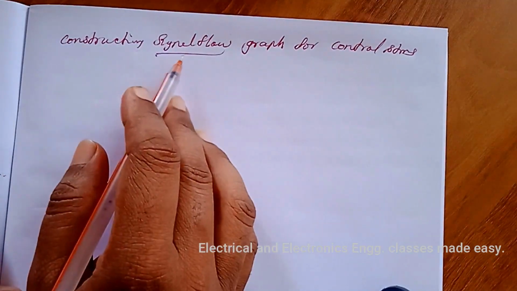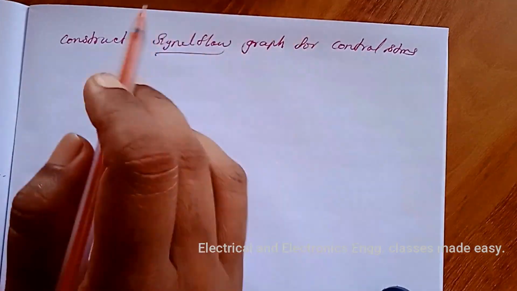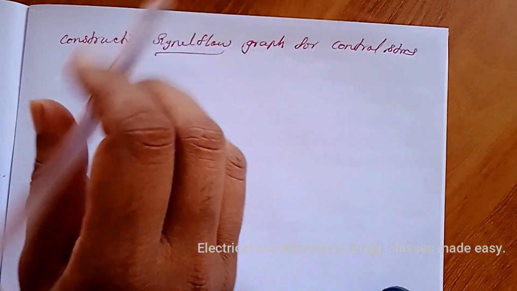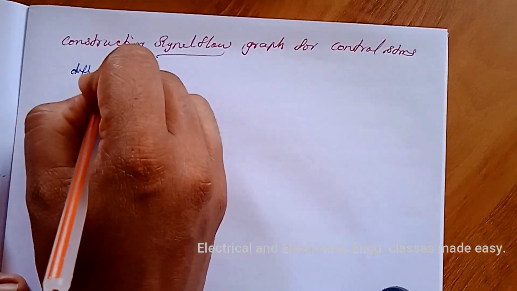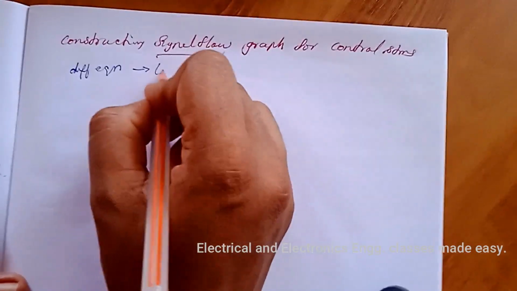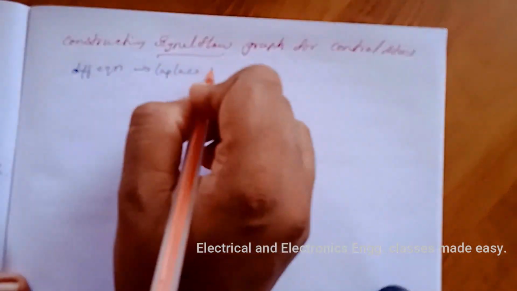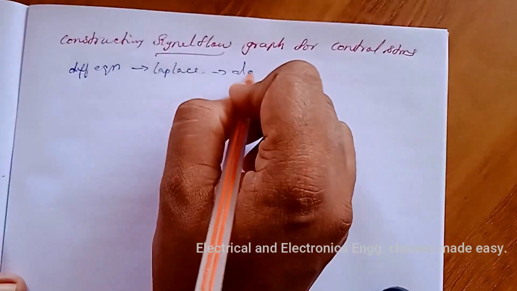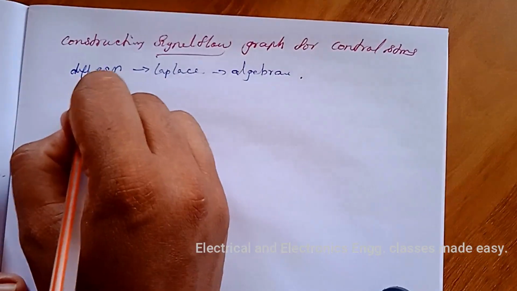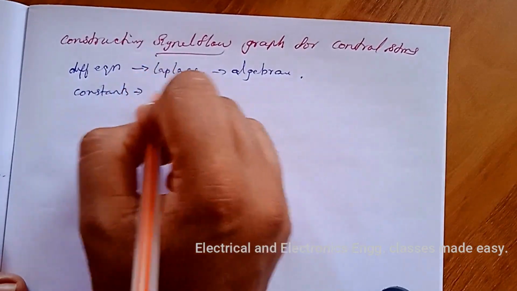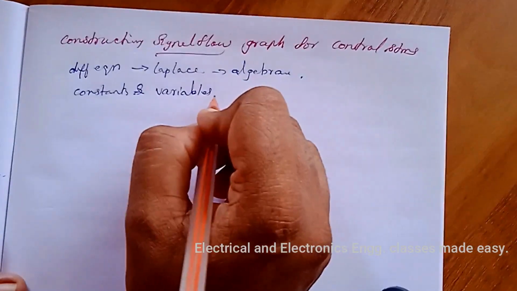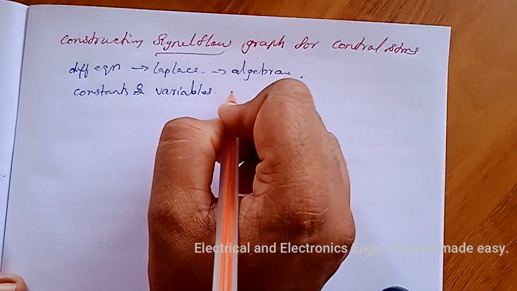Next is constructing signal flow graph for control systems. So a control system can be represented diagrammatically by a signal flow graph. The differential equations governing the system are used to construct the signal flow graph. By taking Laplace transform, the differential equations can be converted to algebraic equations. Constants and variables of the equations are identified.